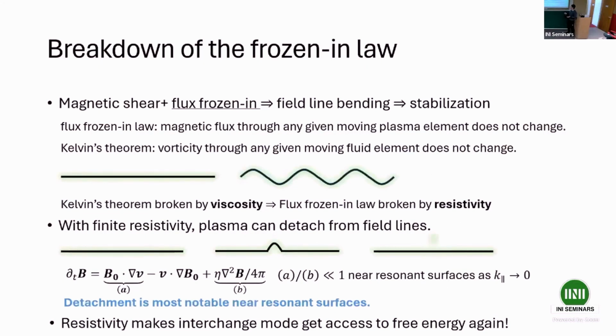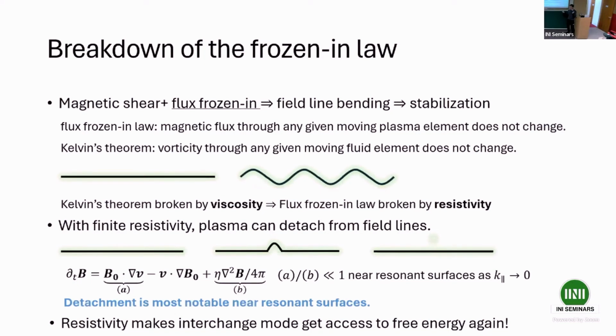Here is a simple cartoon. The light is bad, so you cannot see the plasma filaments here, but I use a simple cartoon to illustrate why the magnetic flux freezing law can lead to field line bending and stabilization.